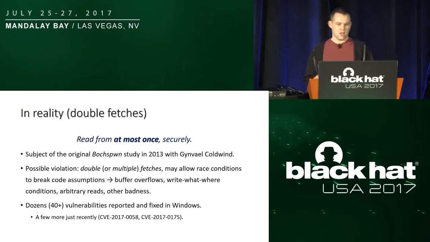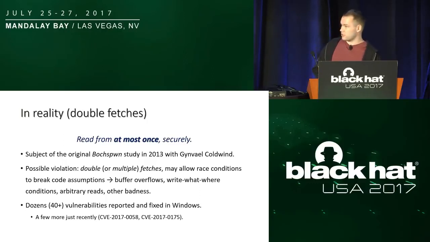For example, we can break the assumption that every memory unit is read from at most once. It may happen that memory is actually read more than once. This was the subject of the original Bochspwn research that we performed 4 years ago with Gynvael Coldwind. The possible violation is that we have 2 or more fetches from user memory, which may allow some race conditions to break code assumptions, which can lead to buffer overflows, write-what-where conditions, arbitrary reads, all kinds of badness.